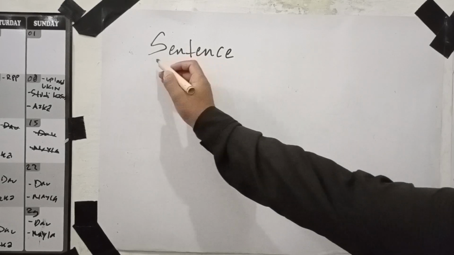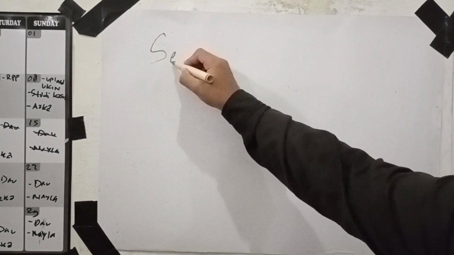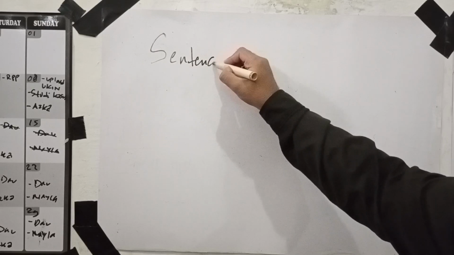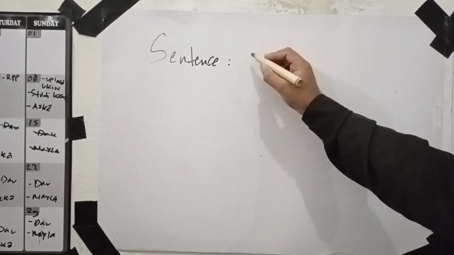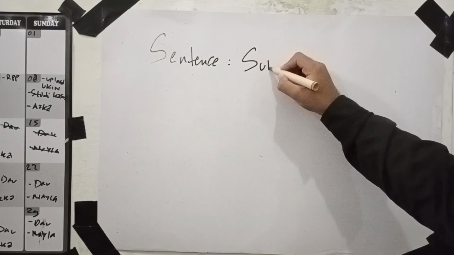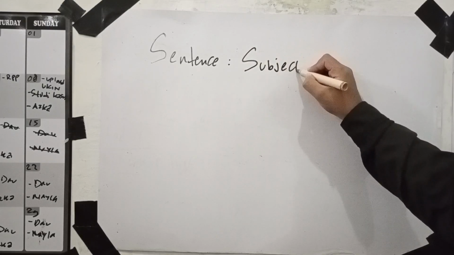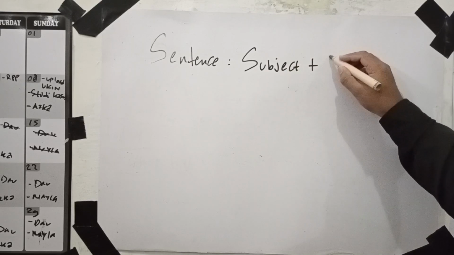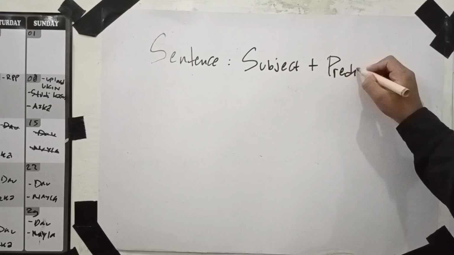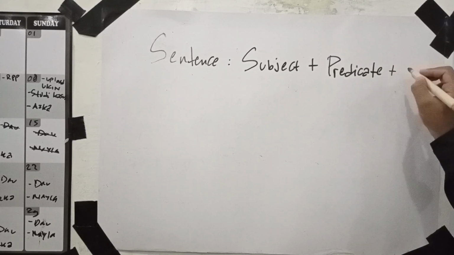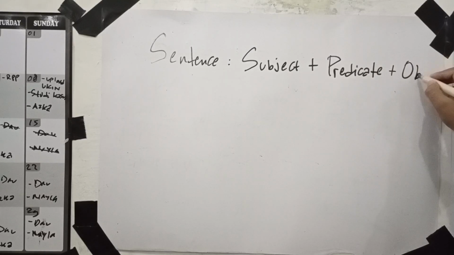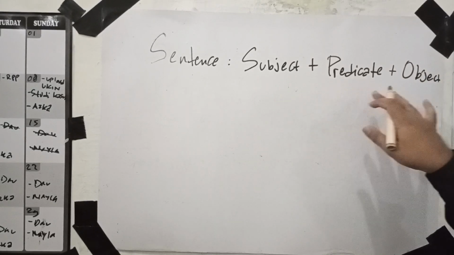So every sentence, the formula of a sentence is subject plus predicate plus, we'll go down, object. Well, subject plus predicate plus object.